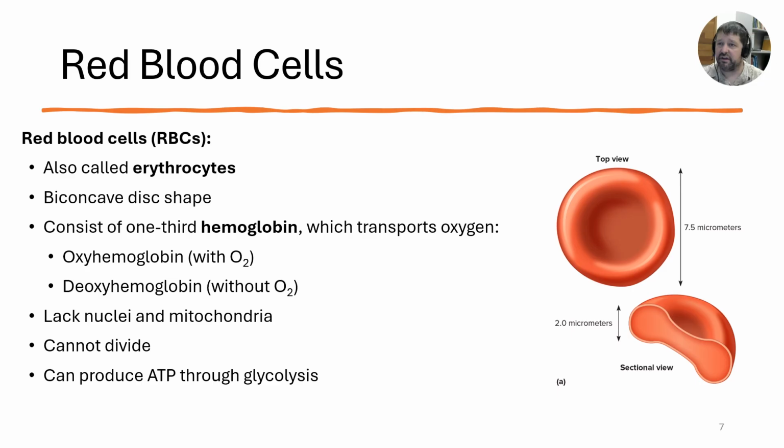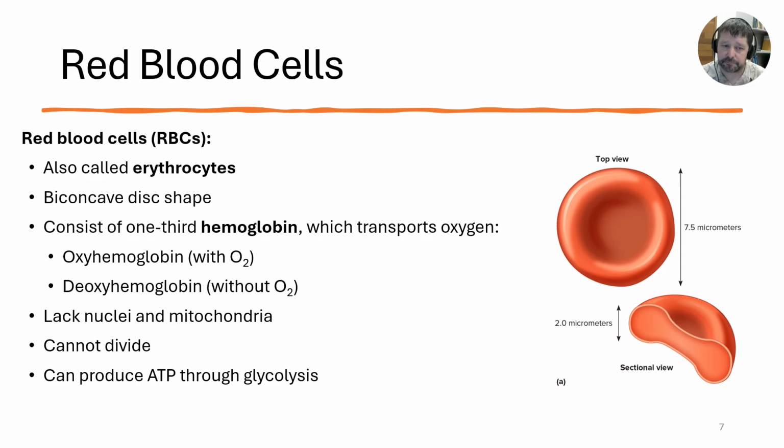In normal circumstances, this is about 120 days, although it depends on the individual and how much use the blood is getting. If you're highly active and pushing blood to the capillary beds a lot, then the lifespan of those red blood cells might be less than 120 days, maybe 100 days, maybe 90 days. It depends on the individual.